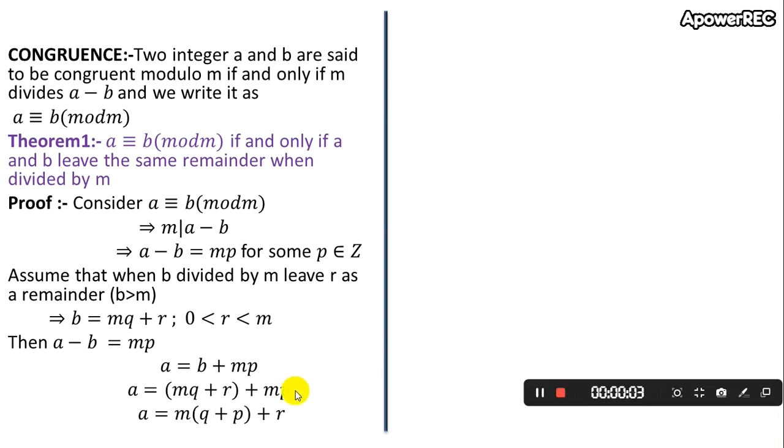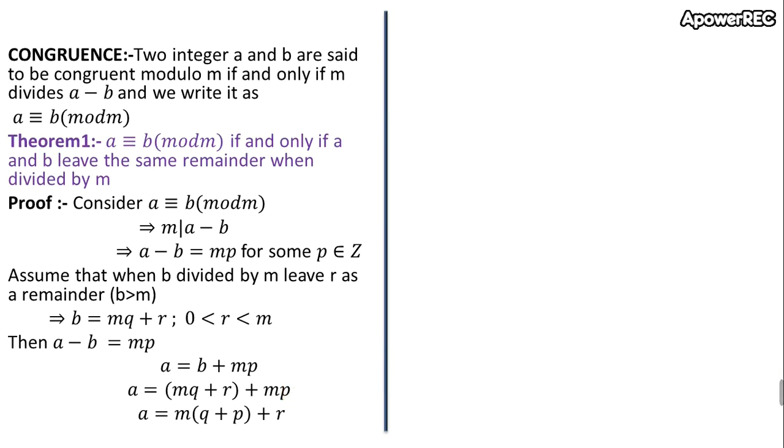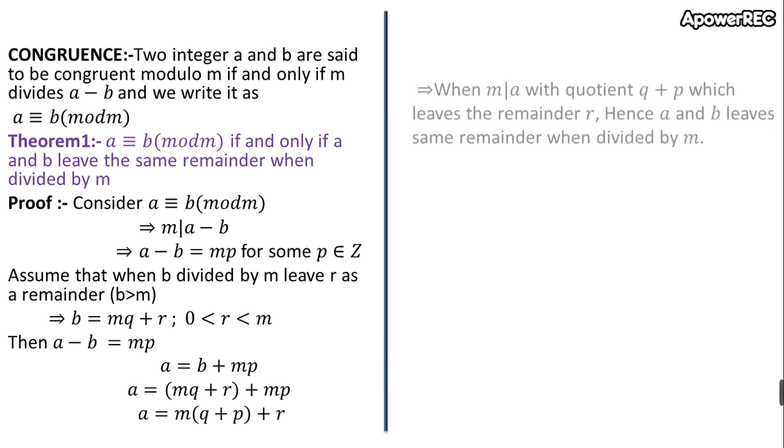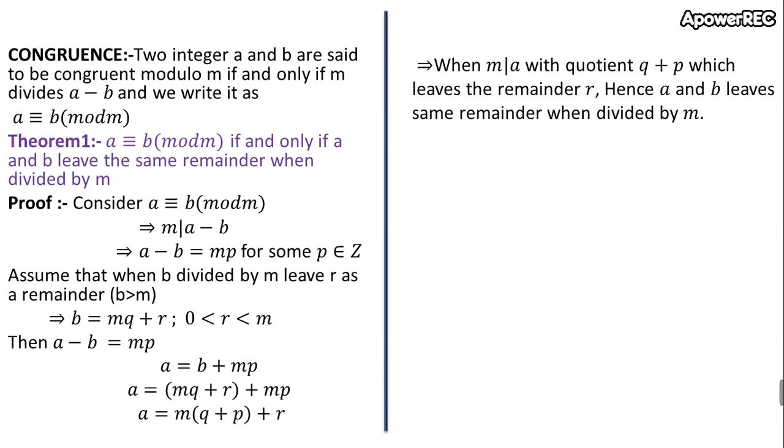Separate the multiples of m and take m as common. We get a equals m times (q plus p) plus r, which implies that m divides a with quotient q plus p, which leaves the remainder r. Hence, a and b leave the same remainder when divided by m. It is a one direction proof.